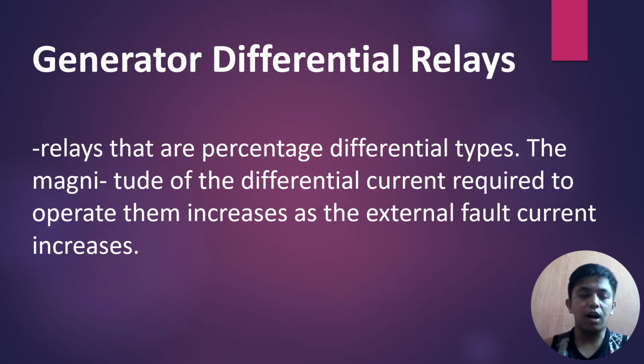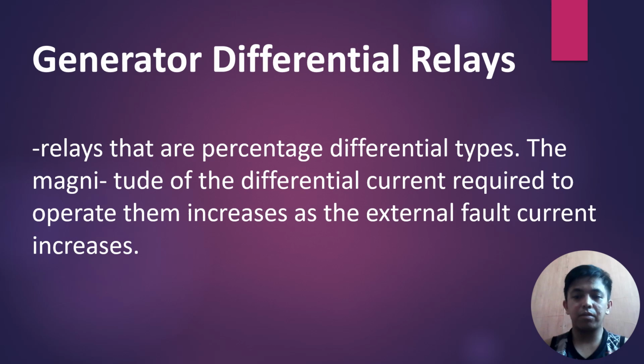These are relays that are percentage differential types. The magnitude of the differential current required to operate them increases as the external fault current increases. These are protection devices designed to detect internal faults within a generator.